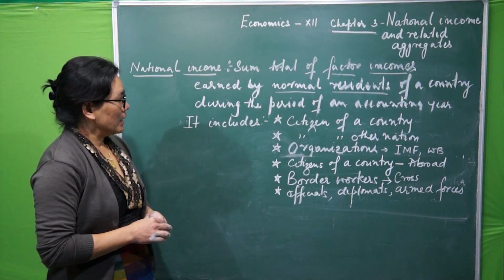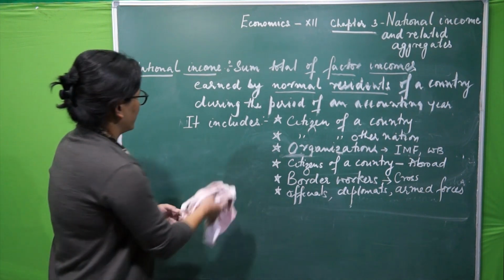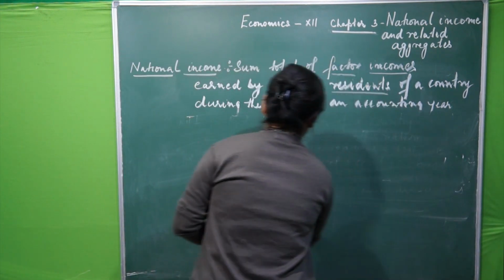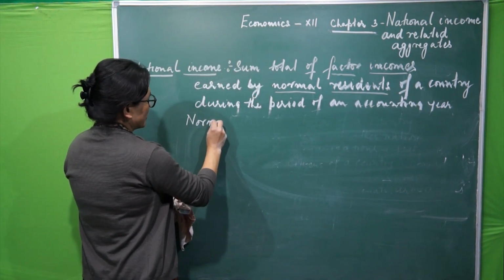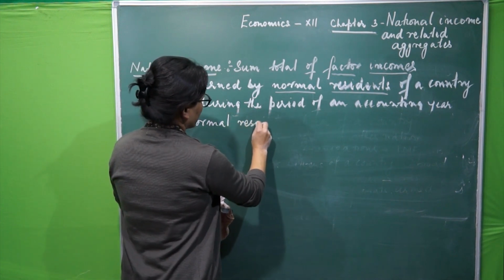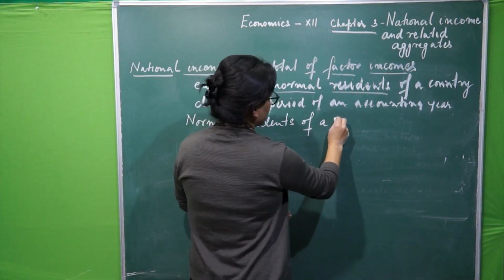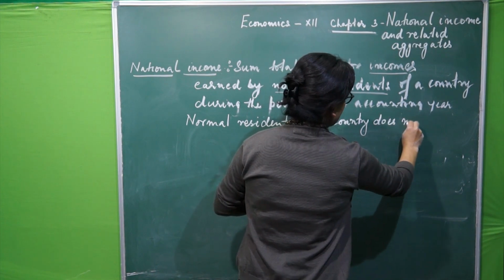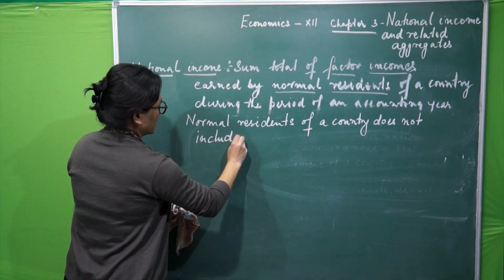Okay, now we will see what things are excluded from normal resident of a country. So we can say normal resident of a country does not include these people.